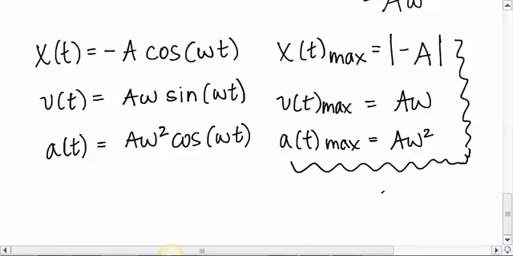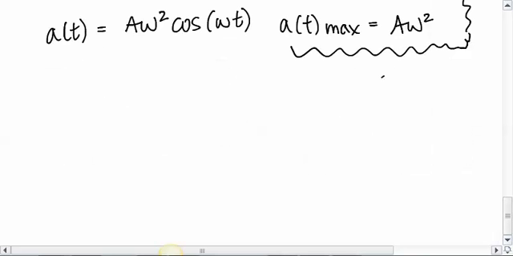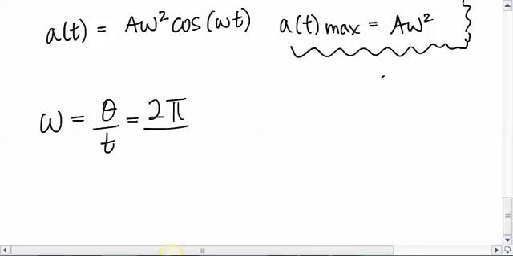All right, now let's look at our omega. Now, what does that mean? Omega is angular speed, which is theta over t. If you go around one time, what's theta? 2 pi radians. Very good. And what do you call the time to do that 2 pi? The period, right.